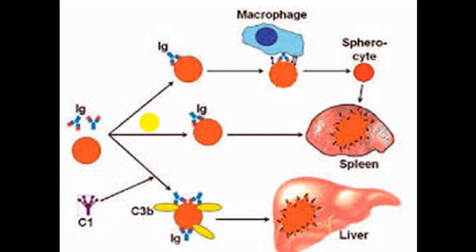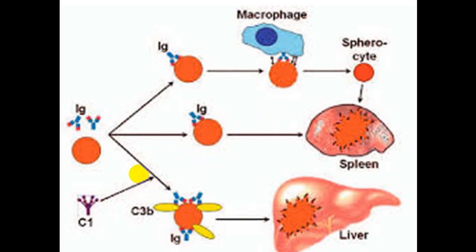Red blood cells coated with the immunoglobulins will be captured by the macrophage, become spherocytes, and will be destroyed in the spleen, or the spleen directly will destroy these coated red blood cells. This is in warm reactive autoimmune hemolytic anemia.